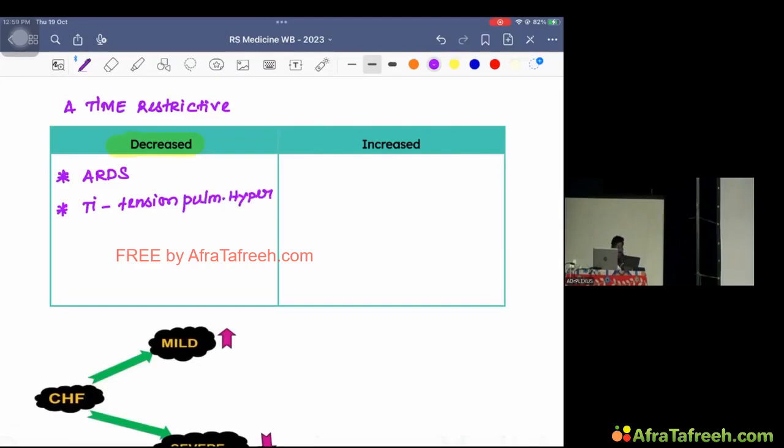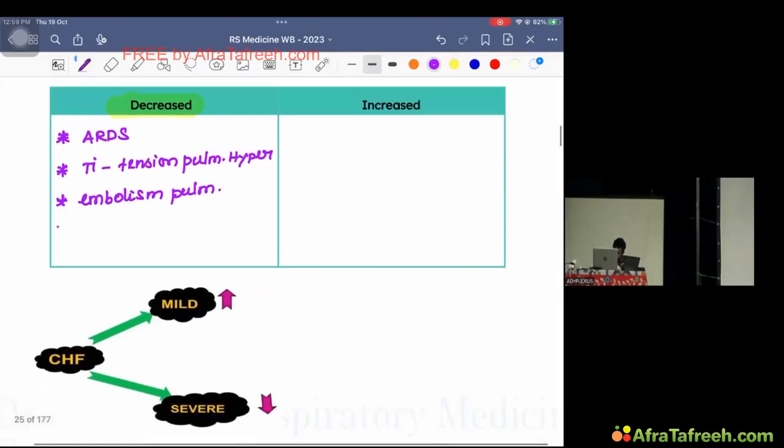Then pulmonary hypertension. Whenever your blood vessel is blocked by embolism, pulmonary embolism. Next, whenever your alveoli get ballooned out, emphysema.